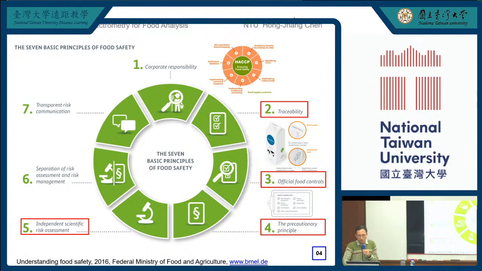For traceability, MS technology could be a technique to trace where the material comes from, such as from different cultures, from nature, or synthetic. MS technology could do that. And this one is official food control, which is based on legislation.